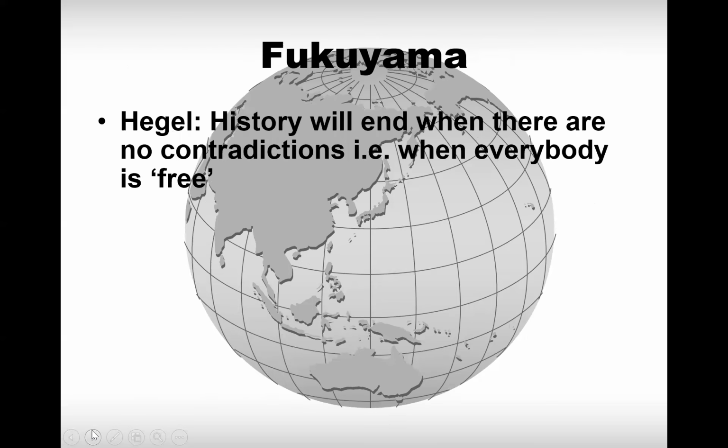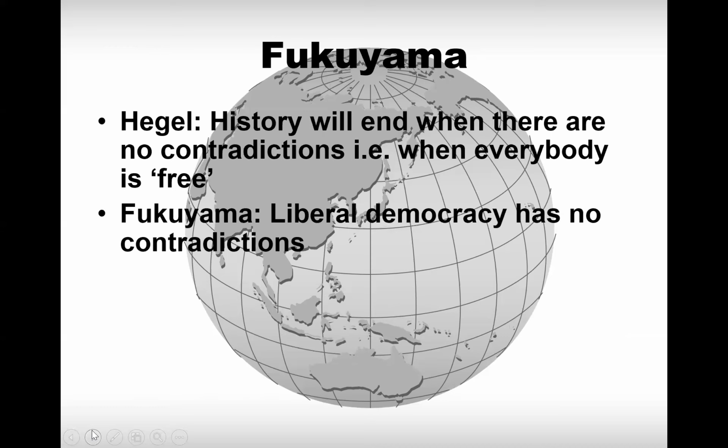Now, as mentioned, perhaps the most extreme and popular version of the liberal international position was put forward by Francis Fukuyama in an article which was originally published in 1988 in the National Interest, which he further elaborated in a book, The End of History and the Last Man.